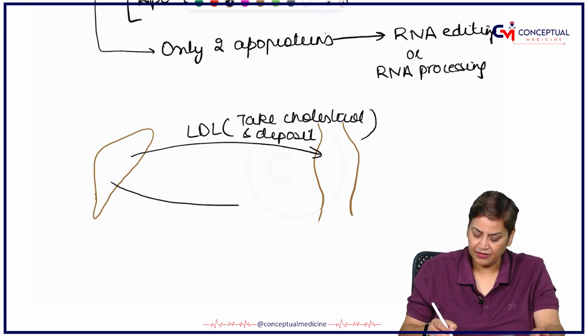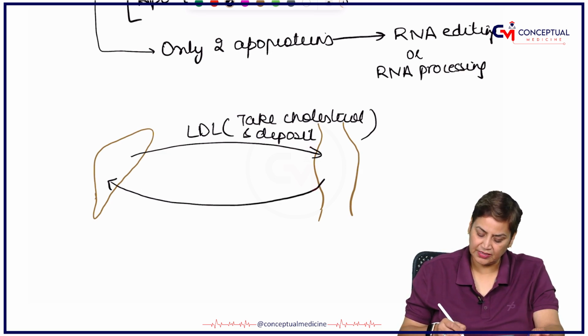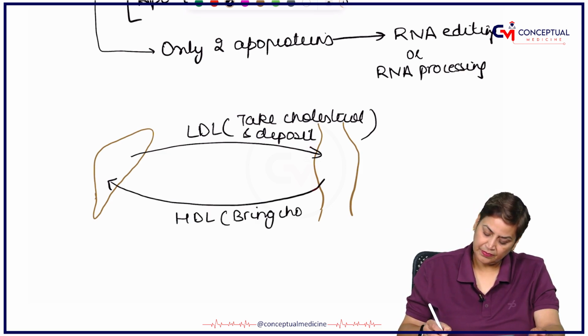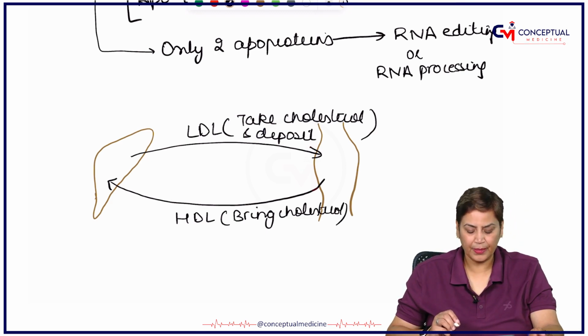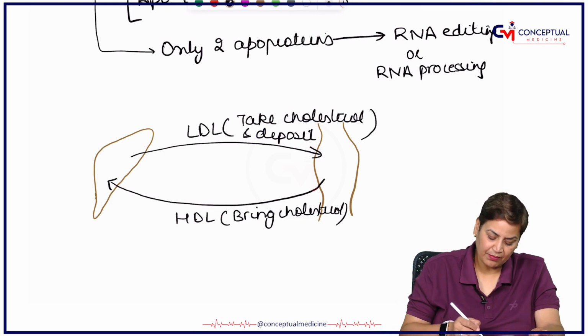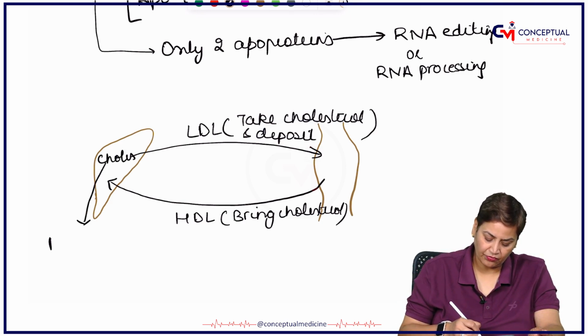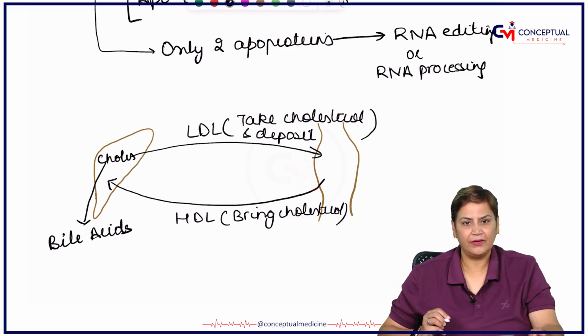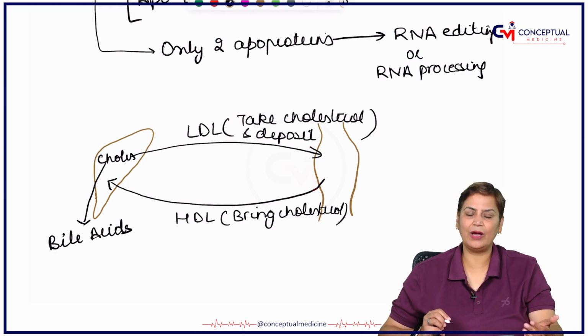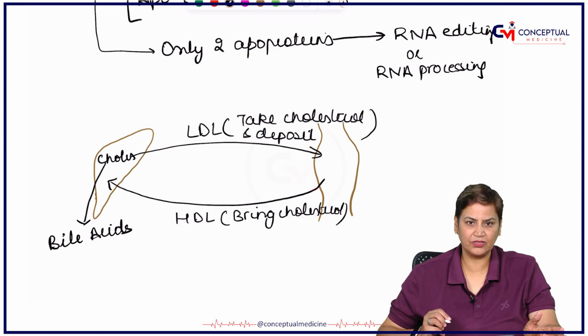Whereas HDL will do the opposite process. HDL will bring cholesterol to the liver. Because always remember, cholesterol is required here for the synthesis of bile acids. And that is why we refer to them as good cholesterol and bad cholesterol.